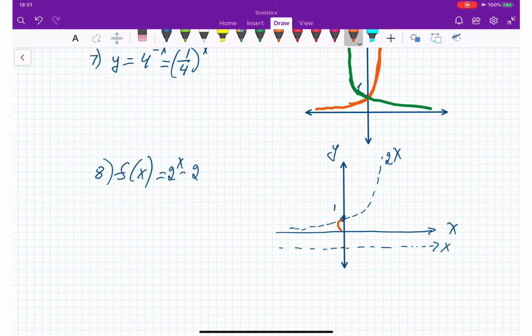See, here is 1, this is 2, yes? And the graph is moving down parallel. Like this. Okay? And this is going to be 2 to power x minus 2. This will be negative 1 because we moved by 2.